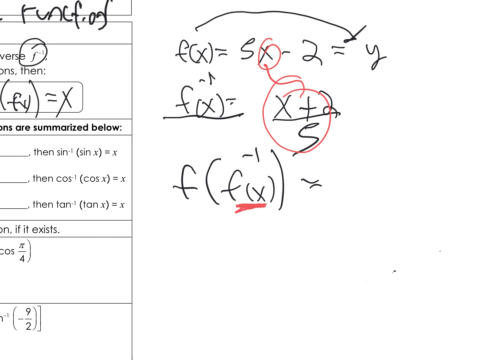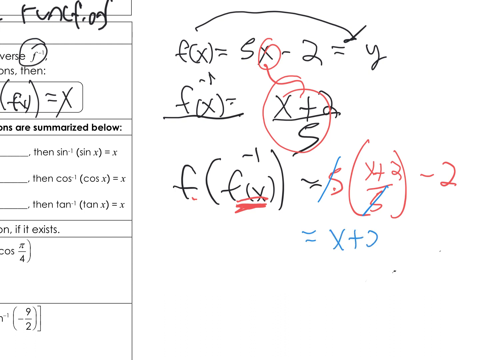So f is eating f inverse. That looks like 5 times x plus 2 divided by 5, minus 2. The 5 cancels out the divide by 5. I'm now left with x plus 2 minus 2, which is equal to x.